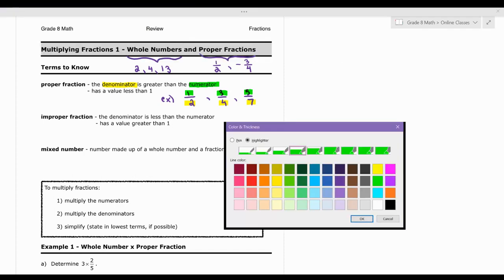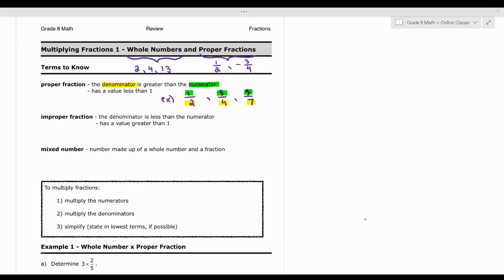If we had an improper fraction versus a proper fraction, the denominator is less than the numerator, and because of that it's going to have a value greater than 1. So for example, we could have 4/3, you could have 22/7, I don't know, 123/100.